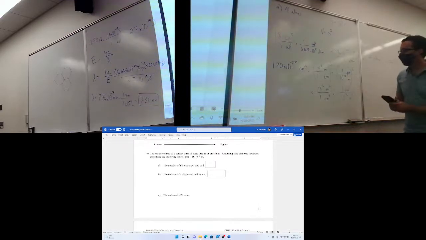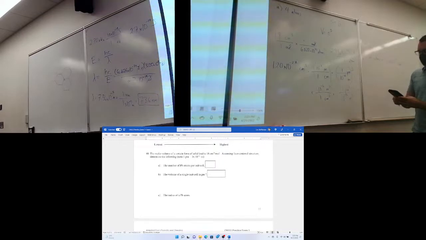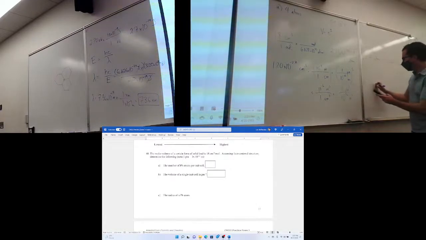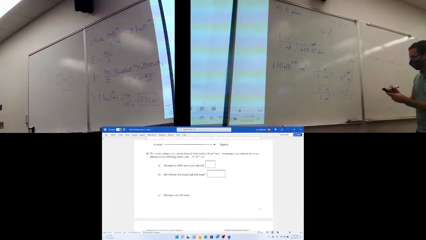So that's the conversion. So 1.2 times 10 to the minus 22 times 1 times 10 to the minus 6 divided by 1 times 10 to the minus 36, and I get a pretty large number, 1.2 times 10 to the 8, I think, picometers cubed.